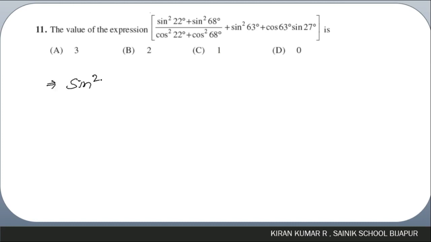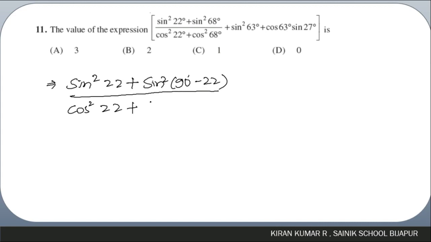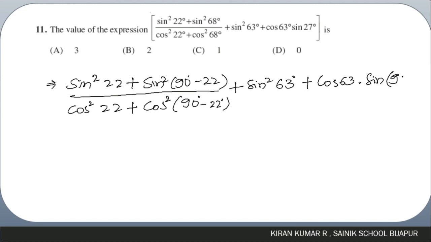So I'll write sin square 22 plus, instead of 68 degree, I'll write sin square 90 minus 22, divided by cos square 22 plus cos square 90 minus 22, plus, I'll write sin square 63 as it is plus cos 63 multiplied to, instead I'll write 90 minus 63. 27 degree is written as 90 minus 63.